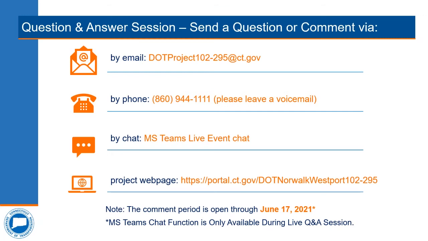Please state your name and position or title. Again, this is Brett Stark with BL Companies. Yes, this is a question that we've received before as part of our permitting process. At this time, our response is first off that the work being performed on the Saugatuck River Bridge as part of 102295 is effectively maintenance type work.